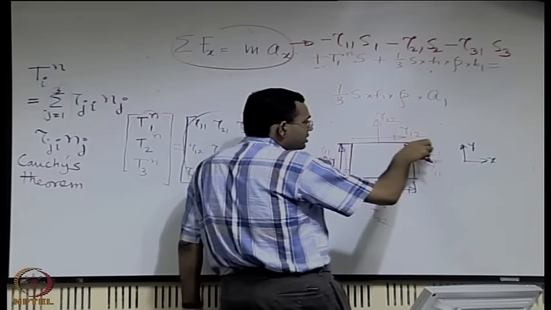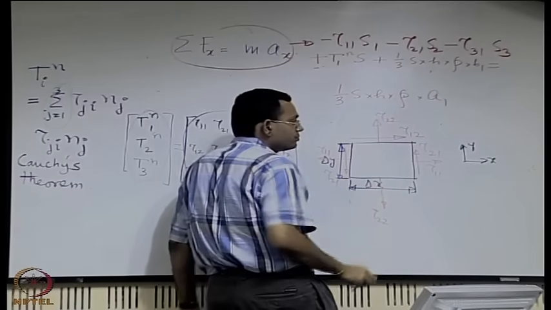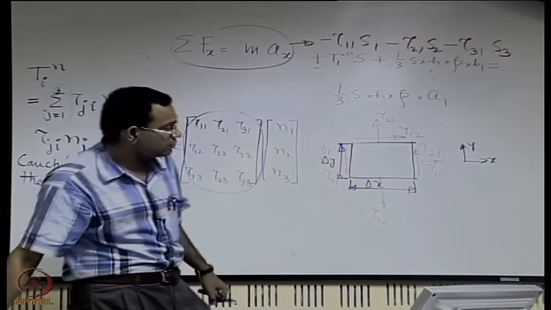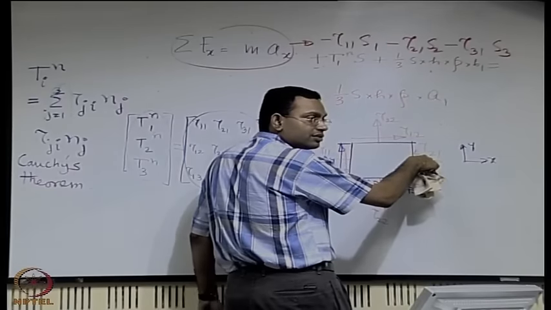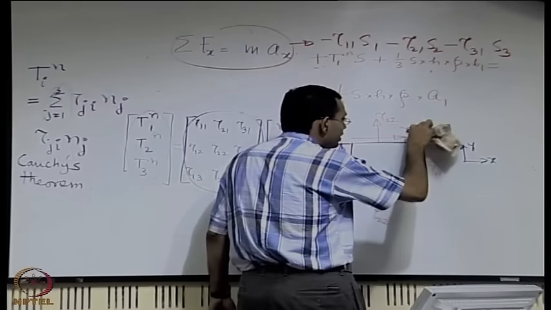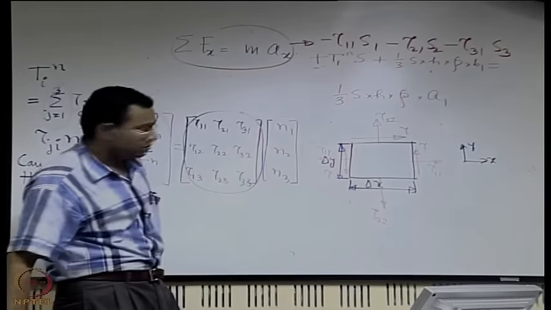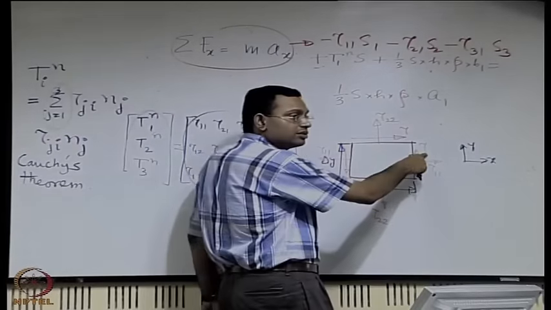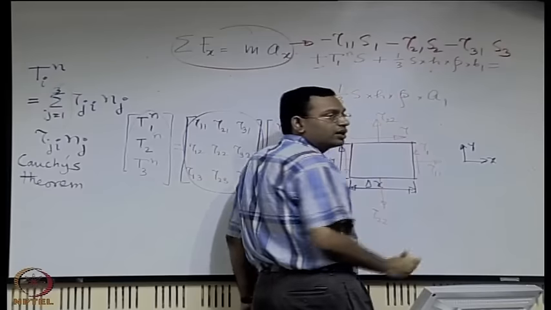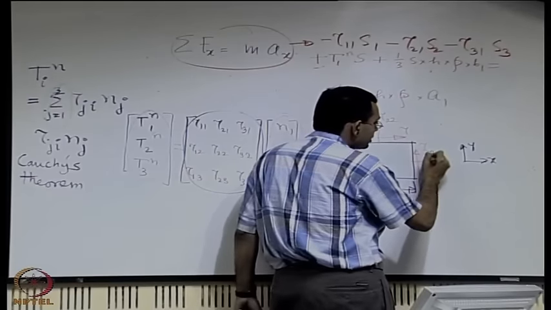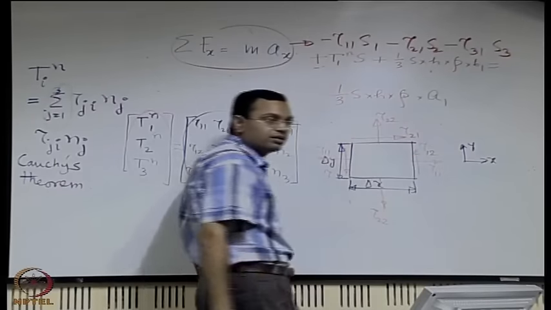It is along the positive 1 because the outward normal is along positive 2. So these two will be reversed, and I would expect that you always correct it. The first index is the direction normal, which is 1, and the second index is the direction in which it is acting. So this is tau 12 and this is tau 21.